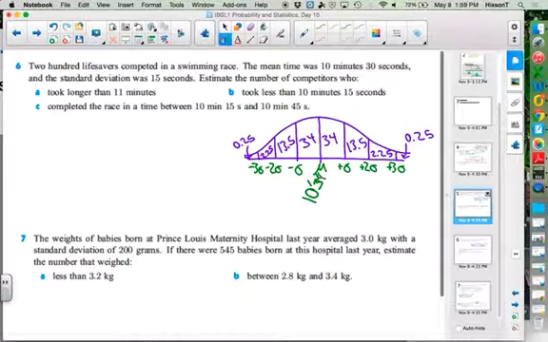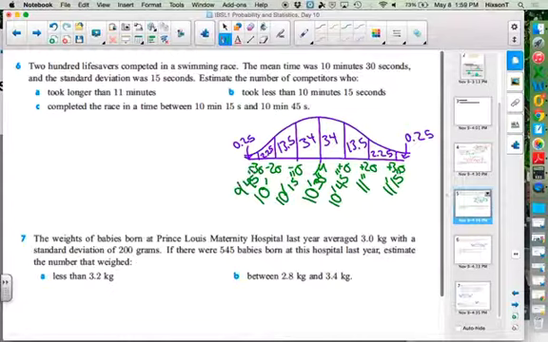So if I go up, I have 10 minutes, 45 seconds, and then 11 minutes, and then 11 minutes, 15 seconds. If I go down, it's 10 minutes, 15 seconds, 10 minutes, and 9 minutes, 45 seconds.